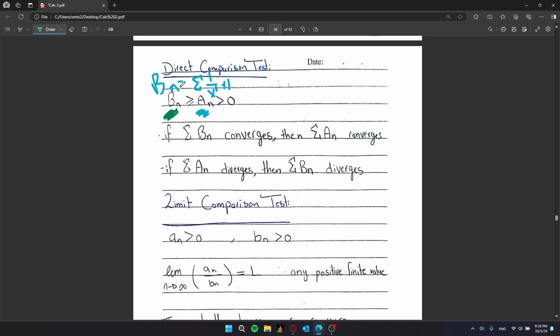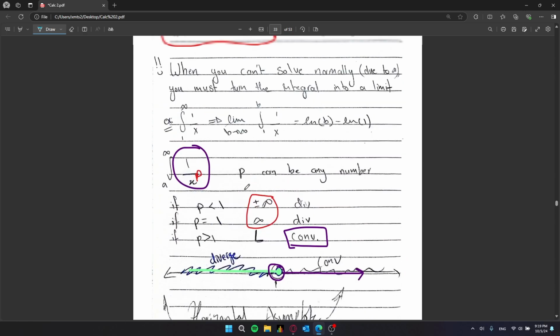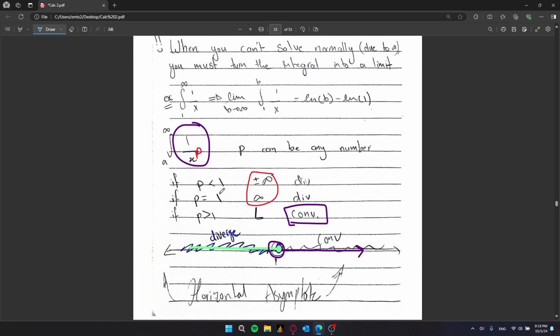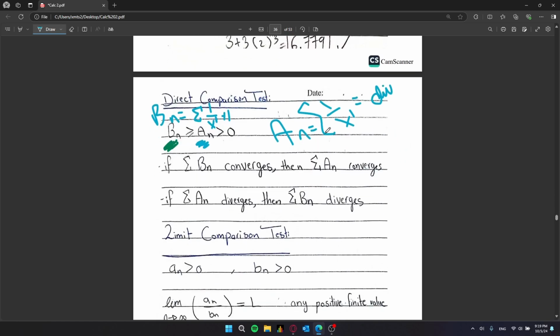You know that a of n, which is 1 over x to the power of 1, or integration, we agreed that summation and integration mean the same thing, diverges, right? Because if you check the rules up above, at p equals 1, this diverges.